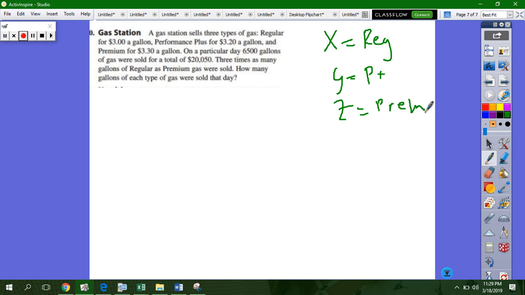They sell it for $3 for a gallon of regular, $3.20 for Performance Plus, and $3.30 for Premium. On a particular day, they used 6,500 gallons of gas. Let's stop right there. So that means X plus Y plus Z equaled 6,500, because they had to use all three gas to get there.